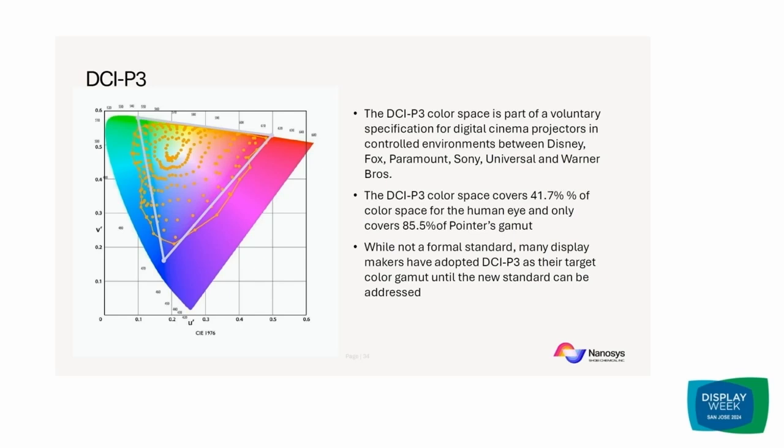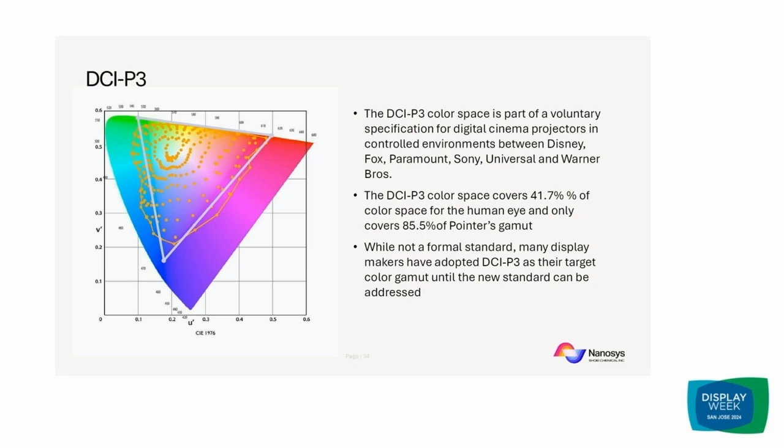Flipping between these slides, we're moving on to the next color space. You can see highlighted in this gray triangle around here is the definition of DCI-P3. So DCI-P3, it's not an official standard, but it is something that's been adopted by the digital cinema industry. That's what the DCI stands for. And it's something that they commonly reference.